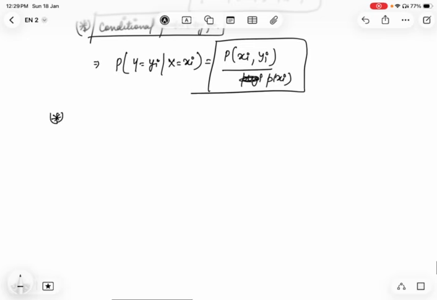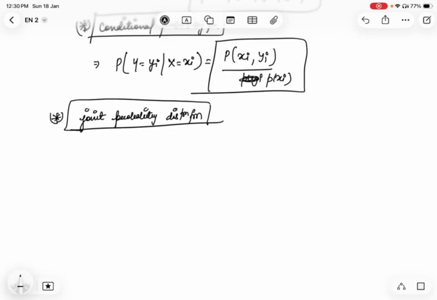Now we have the concept of the joint probability distribution function. So what is the joint probability distribution function?